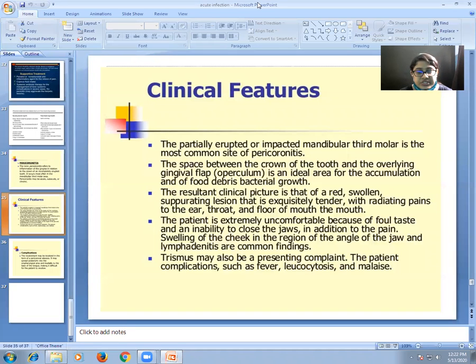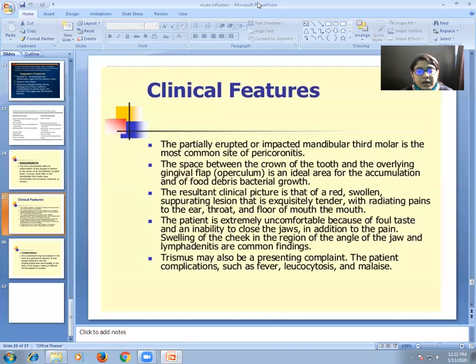The patient is extremely uncomfortable because of the foul taste and inability to close the jaws. In addition to the pain, swelling of the cheek in the region of the angle of the jaw and lymphadenopathy are common findings of this disease.